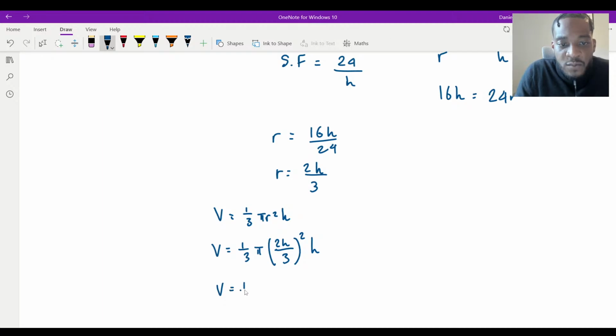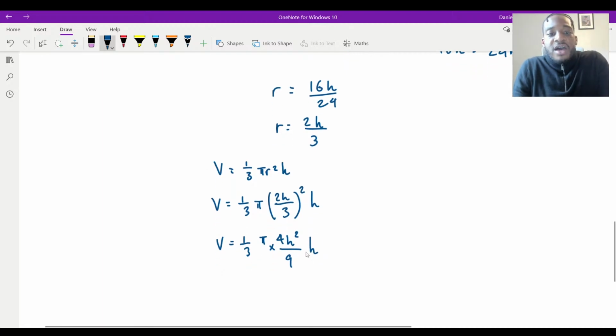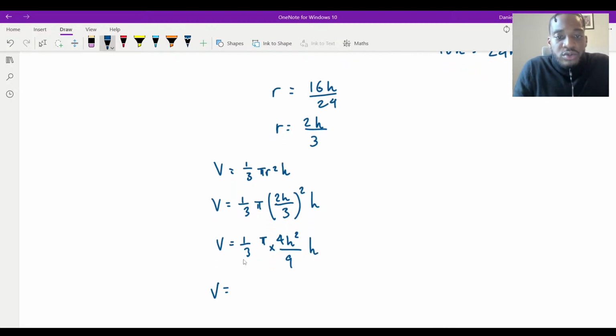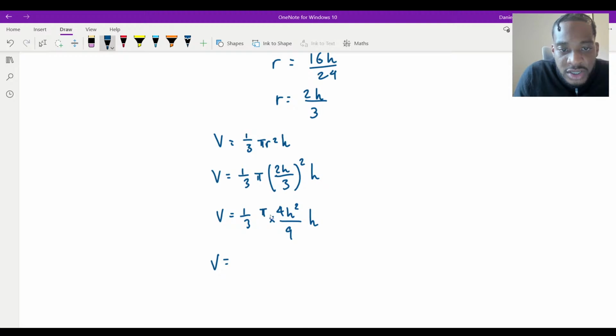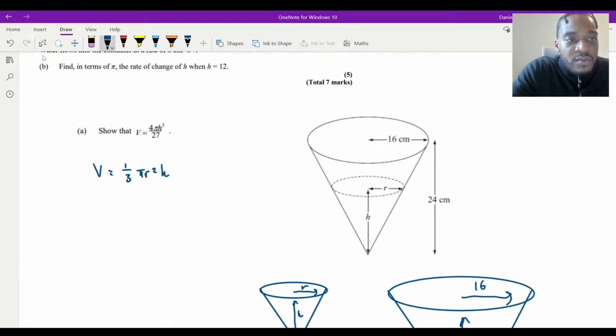That would be 1/3 pi times 4h squared over 9, and then h. Tidying all of that up, v is equal to the numerator 4 pi h cubed, because I've got h squared times h, divided by 27. And that's exactly what they wanted. Let me just put that there. Yeah, brilliant. Show that we get that there.